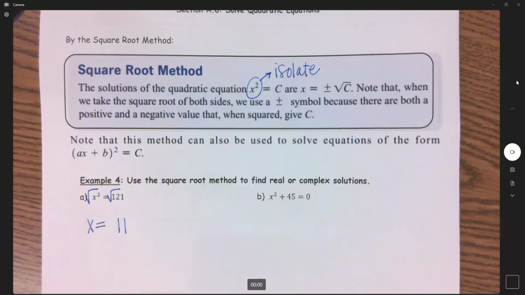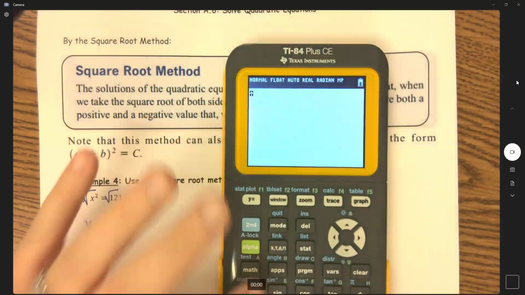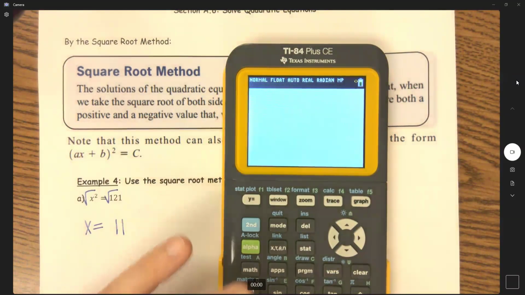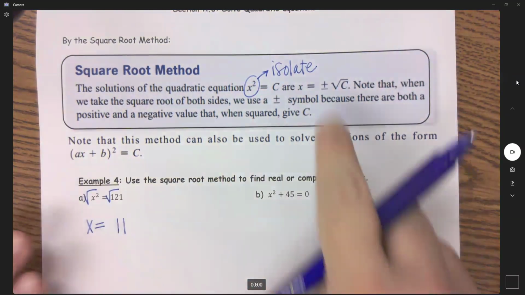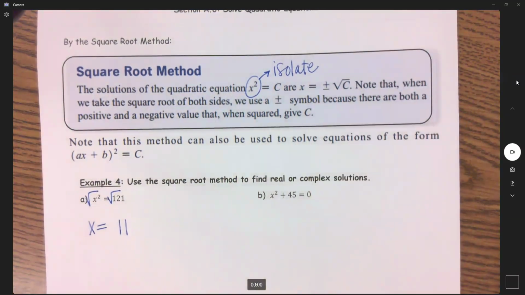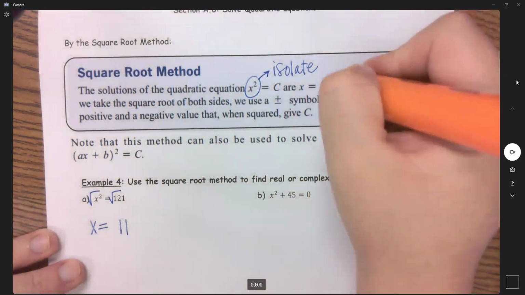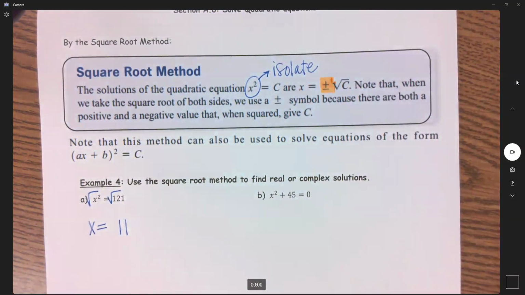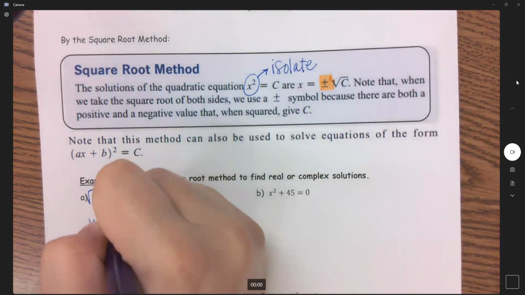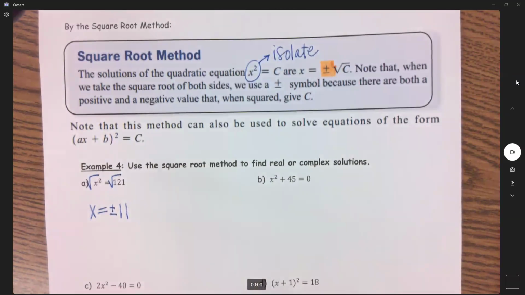That's only one of two. And I think the reason is a lot of times when we put the square root of 121, a perfect square, into even our calculator, it tells me it's just 11. But we need to remember that this is plus or minus the square root of c. And so that's where my second answer comes from.